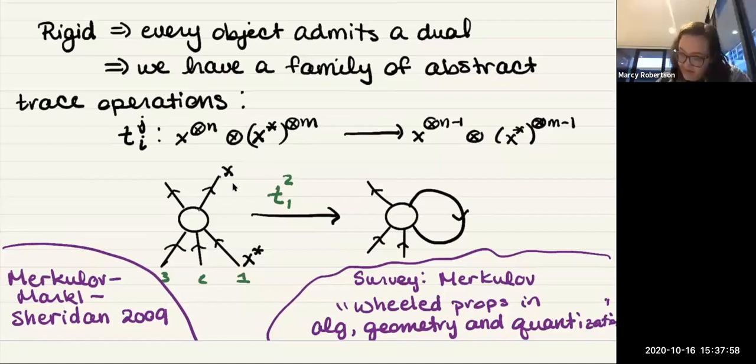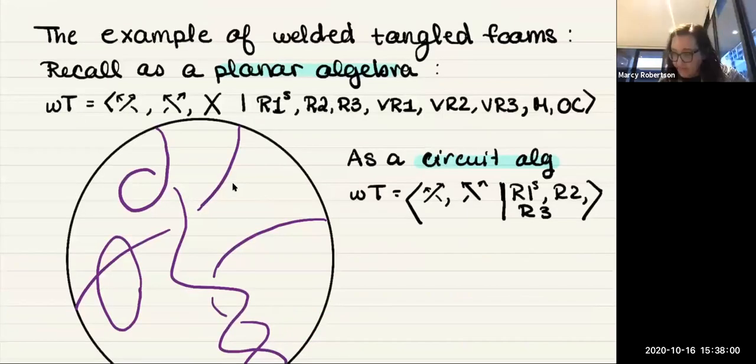I only have the crossings and the Reidemeister moves, R1, R2, and R3, because these are the generators. But these are just parts of the immersed connection diagram, so I can sort of ignore them.